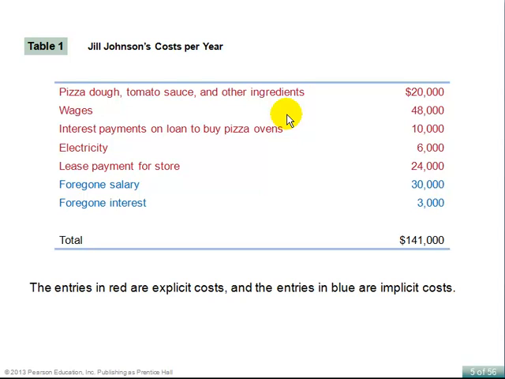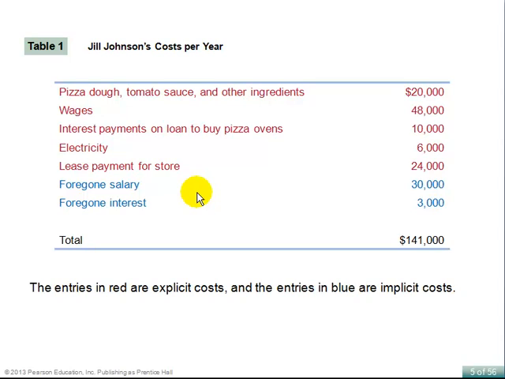Let's check a simple example. Suppose that Jill Johnson owns a pizza restaurant. In operating her store, Jill has to spend some money on resources, which are explicit costs, such as the wages she pays her workers and payments she makes for rent and electricity. But some of Jill's most important costs are implicit.